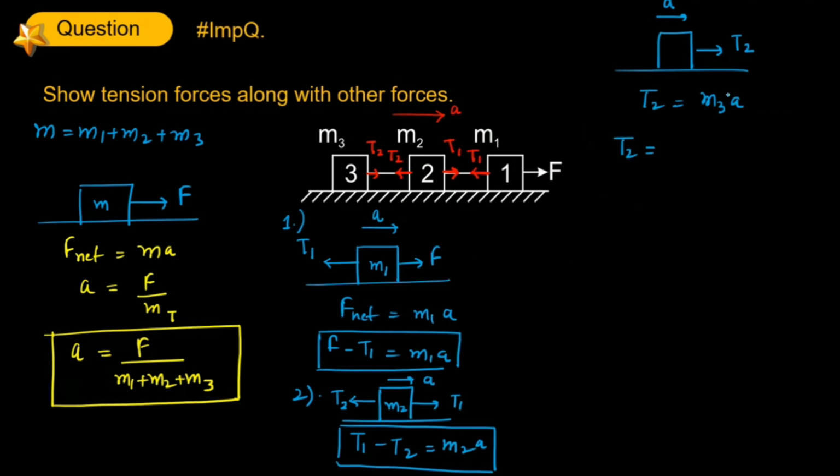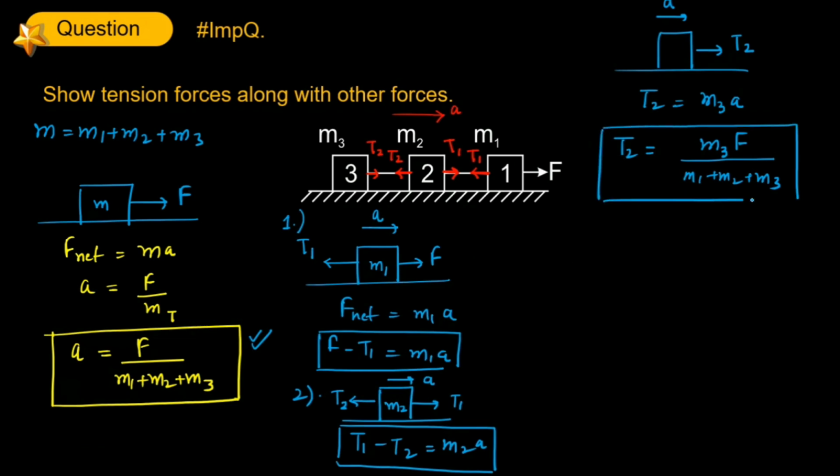So if we substitute the value of A in this equation, we get M3F over M1 plus M2 plus M3. So this is going to be the tension in the second string. Similarly, in the first string, if you have to find it, it is going to be M2A plus T2.